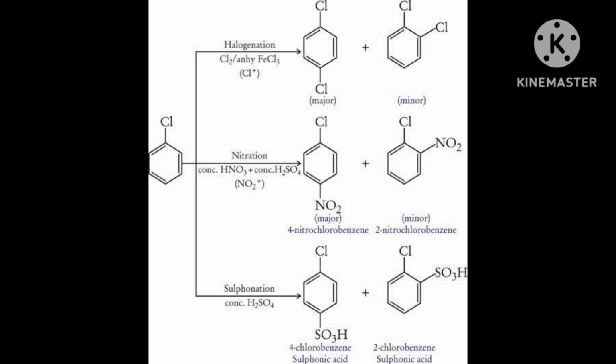Suppose NO2 is already attached there, at the para position. Then what will happen? The presence of an electron withdrawing group at ortho and para position increases the reactivity of haloarenes.